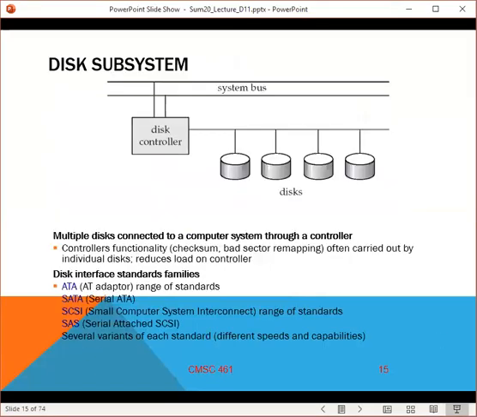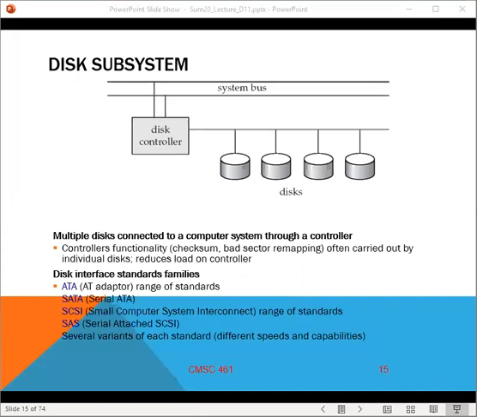So here we have a disk subsystem, and we've got multiple disks that are attached to a controller, and the controller attaches to the system bus. The system bus moves at the clock speed for the CPU and the main memory. They're going to be much faster than the actual disks that store data that is needed in the operations for the computer.